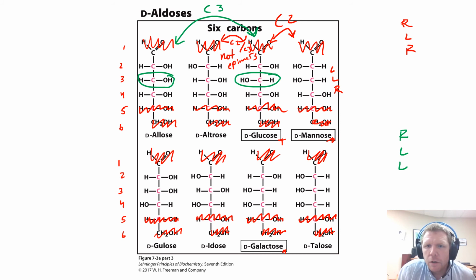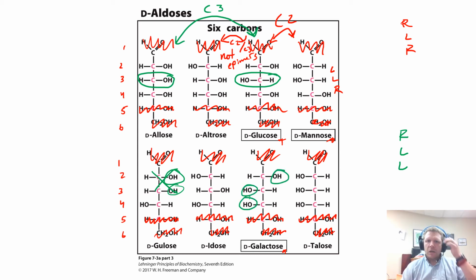So I'm looking for RLL. Does gulose fit that billing? It doesn't, so that's out. Galactose, on the other hand, has right, left, left. Perfect. That is my C4 epimer of glucose.